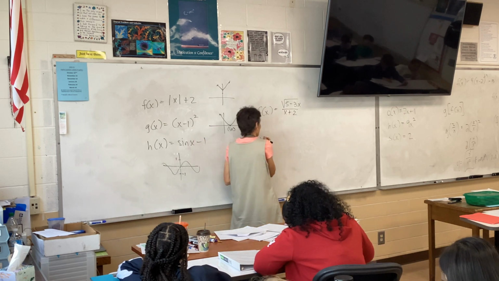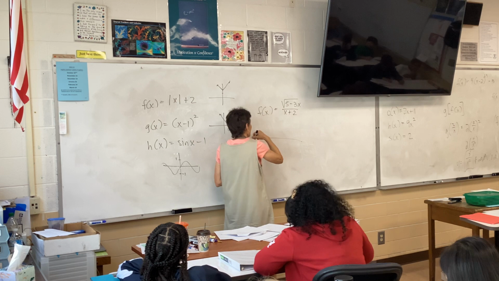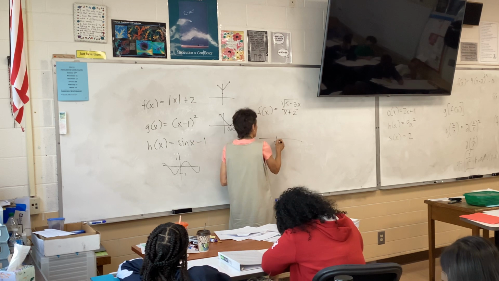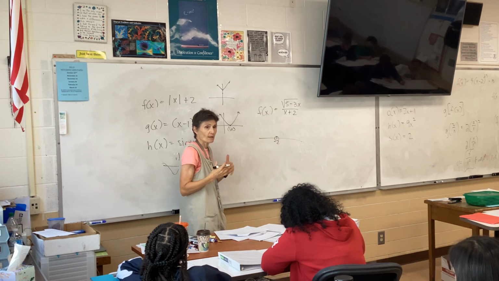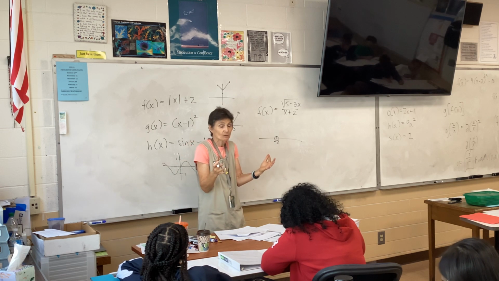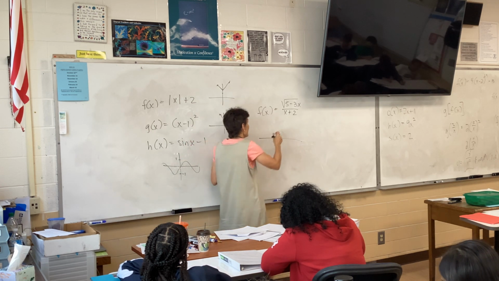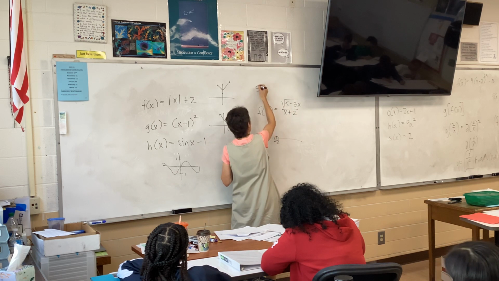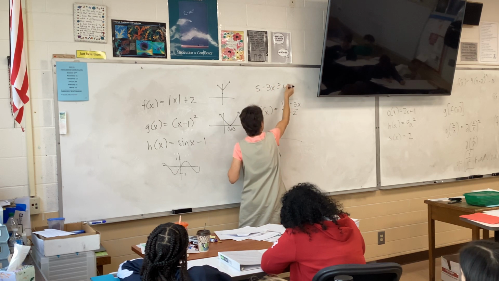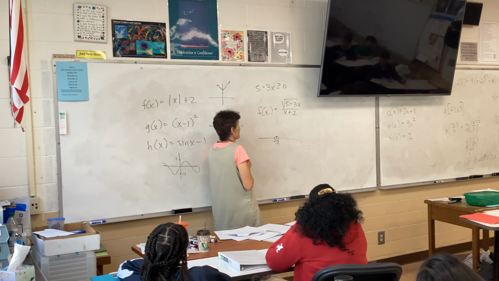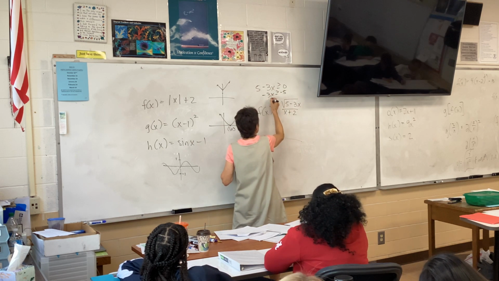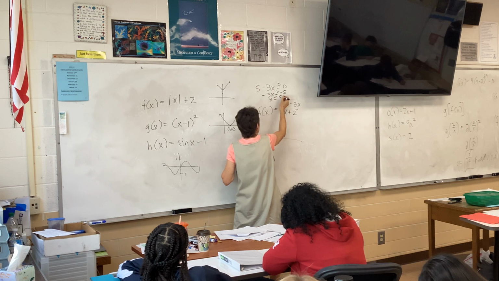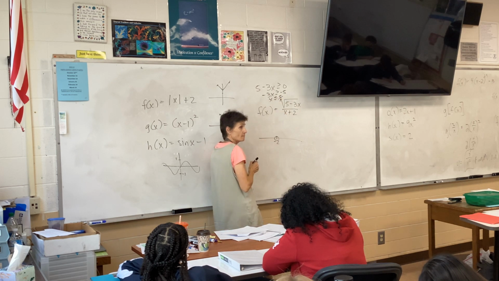So we talked about that. Domain: the denominator cannot be 0, so x cannot be -2. I like to do that number line, you don't have to. X can't be -2. And then whatever is under the radical has to be greater than or equal to 0. So be careful when you do this. X is less than 5/3.